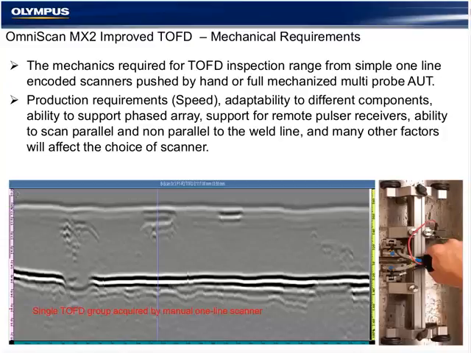Scanners come in all shapes and sizes that can accommodate different probes and wedges, multi-group or single group. Here we'll have magnetic wheels, an adjustable bar, the probe holders and PCS are adjusted, and we have an encoder here either leading or trailing the phased array probe or the TOFD probes.